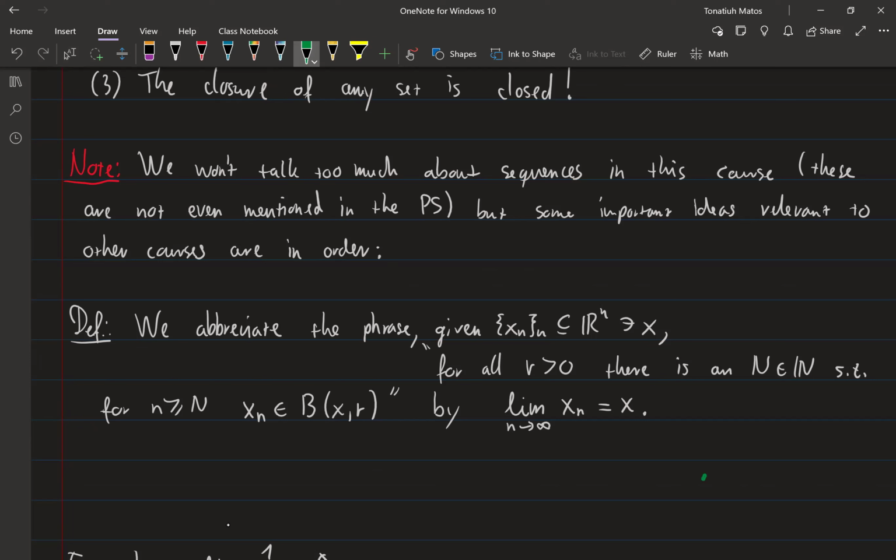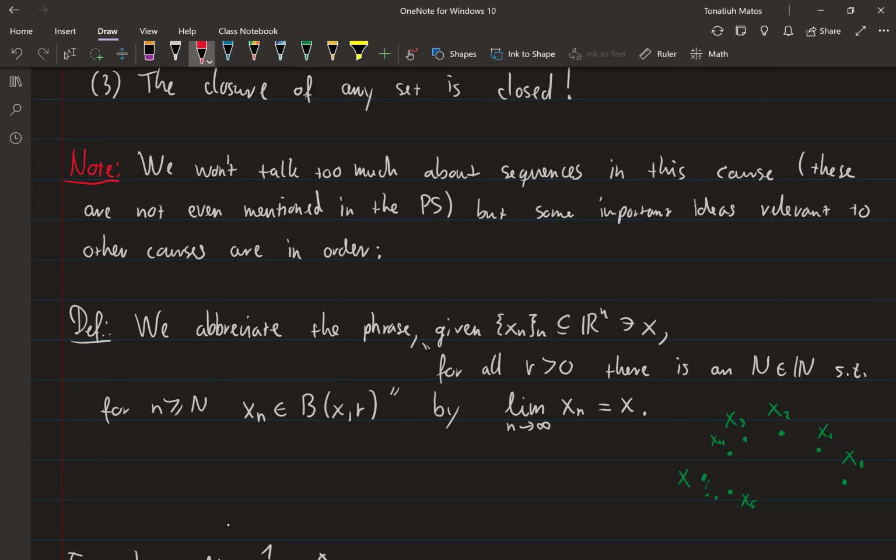So this is the point x, and there's a sequence, right? So this could be x_0, x_1, x_2, x_3, x_4, and maybe it jumps further away, but eventually the sequence has to converge to x.